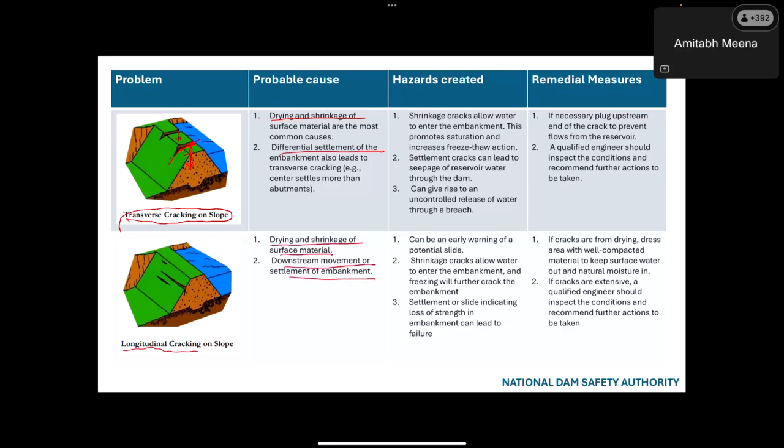If cracks are from drying, dress the area well with compacted material to keep surface water out and natural moisture in. If cracks are extensive, a qualified engineer should inspect the conditions and recommend further actions to be taken.